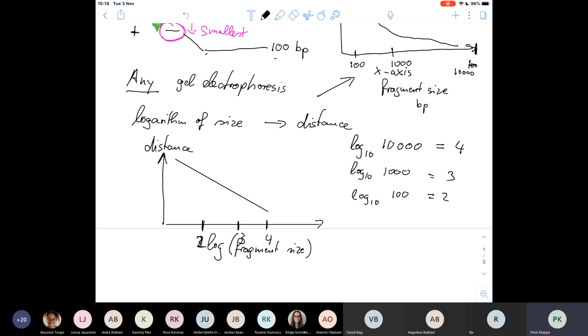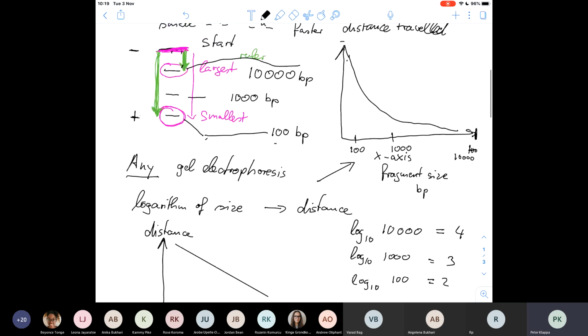So we have a linear relationship between the log of the fragment size and the distance. If we just simply plot fragment size, like we've done here, versus the distance, we get a weird curve. Does that make sense?